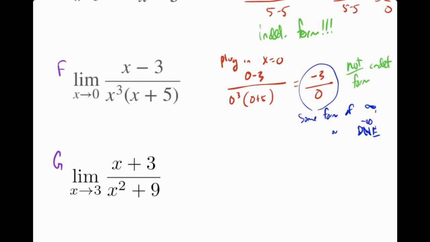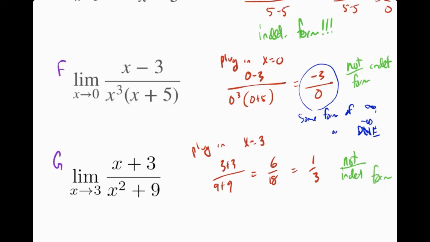Last one. Let's do G. Plug in x equals 3. 3 plus 3 over 9 plus 9. That's 6 over 18 equals 1/3. Not indeterminate form. Let's play a little what if, shall we? What if we are interested in x going to minus 3?